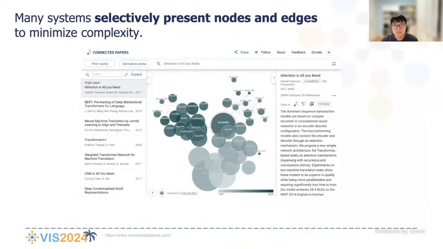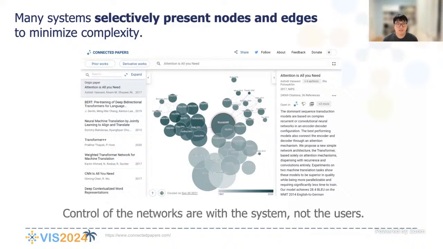So the applications using citation networks, like Connected Papers, do not actually show the complete citation network. Instead, they select some nodes and edges based on their system criteria. In such systems, the control over navigating the network is with the system and not the user, which limits users from engaging with the network for further curiosity.